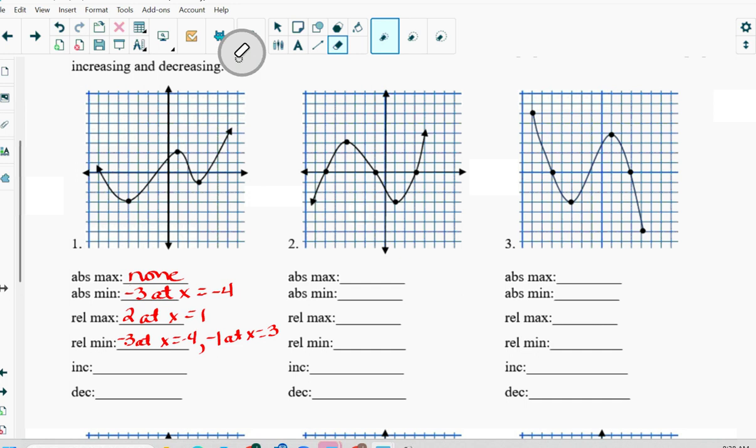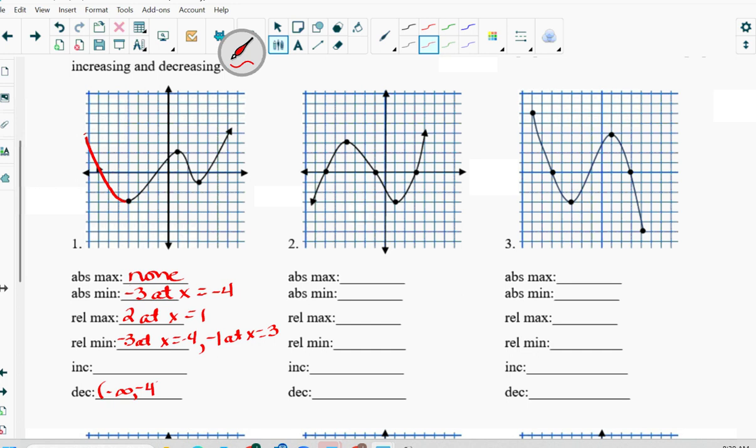So, okay, increasing and decreasing. We go from the left to the right, just like when you read. So just trace your graph. As I'm tracing the graph, is that increasing or decreasing? Decreasing. So that section is from negative infinity to, what was it, -4? 1, 2, 3, 4, yeah.